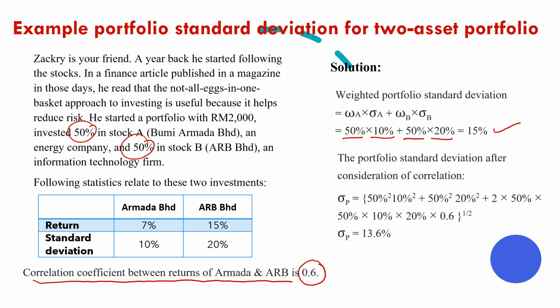So you use the formula like the previous slide, where you square the weight and also the standard deviation for each of the assets, and then you add 2 multiplied with the weight for stock A and also stock B, multiplied with the standard deviation of A and the standard deviation of stock B, and also multiplied with the correlation coefficient.